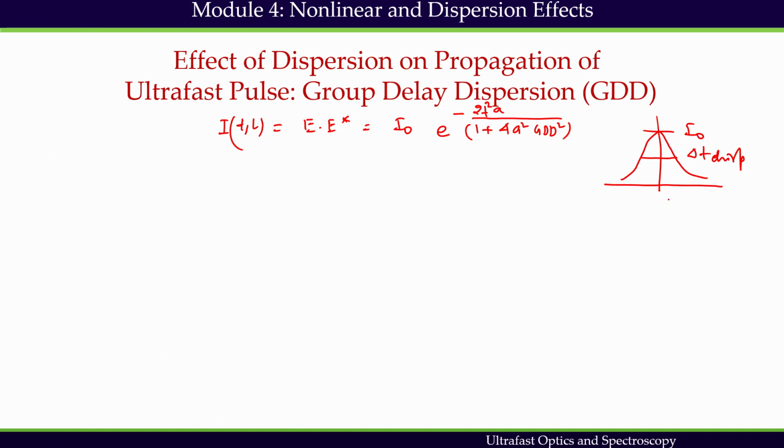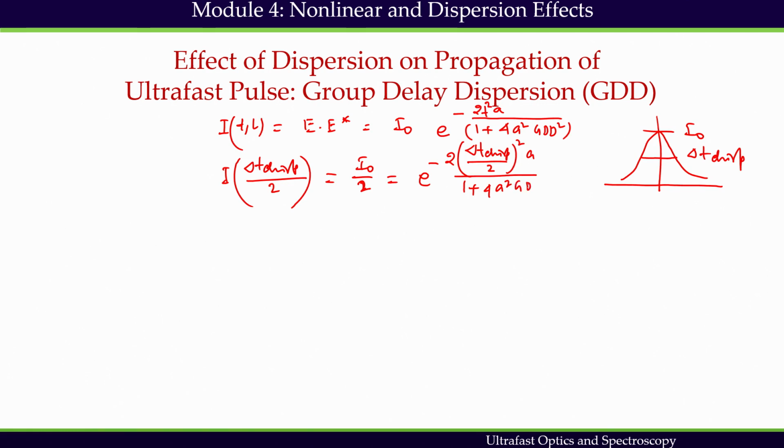By definition, at delta t sharp divided by 2 I get half of this intensity, which is I naught by 2, which is e to the power minus 2, then instead of t we insert delta t sharp divided by 2 whole square a divided by 1 plus 4 a square GDD square.